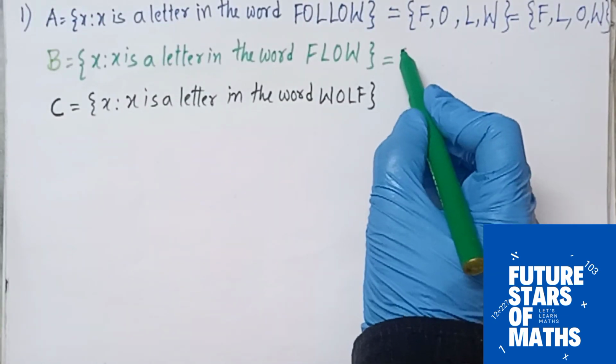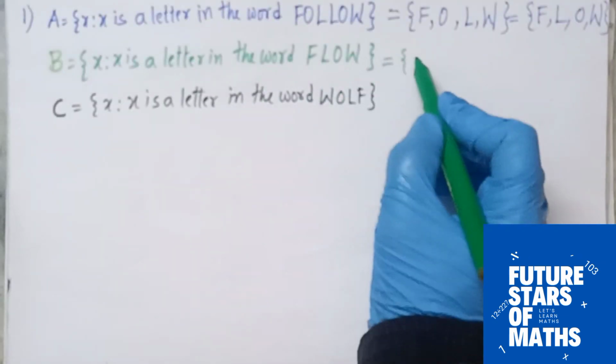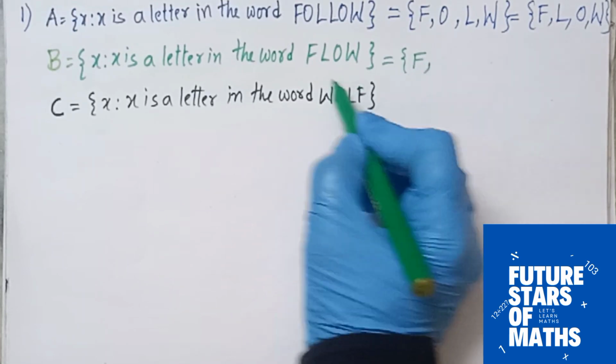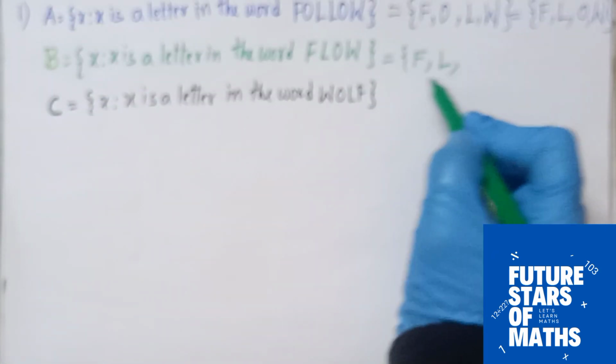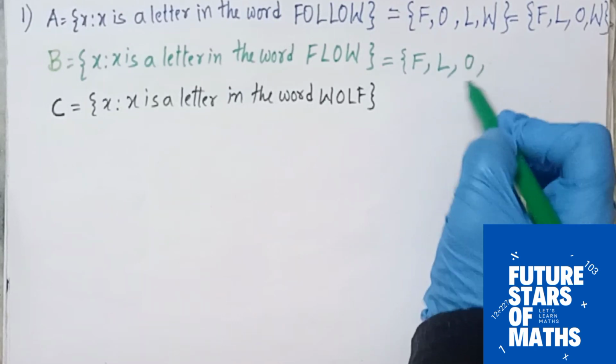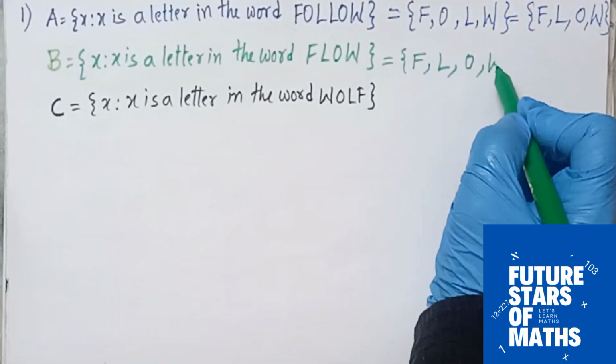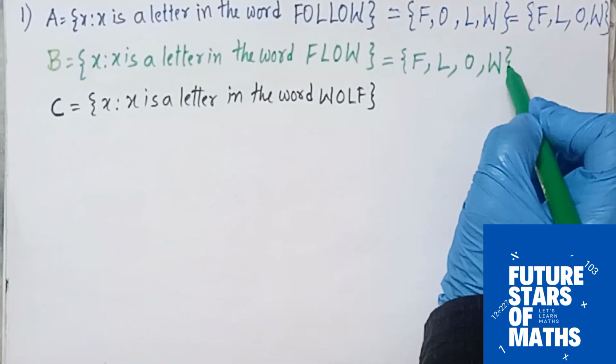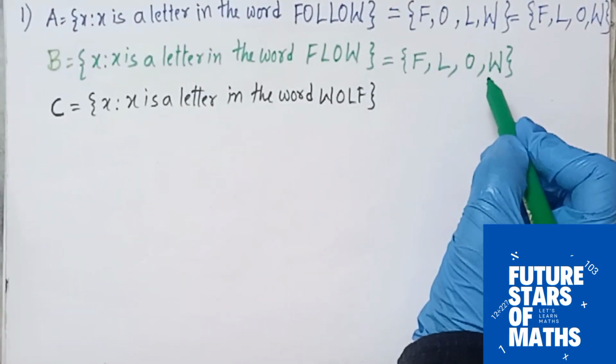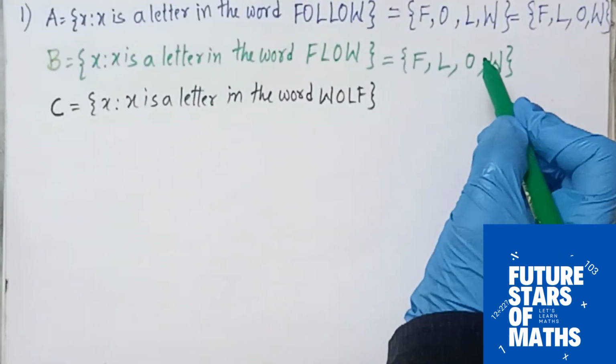Here we have to write it separately. The first letter is F, then L, then O, then W. Now check whether it is in alphabetical order or not. It is in alphabetical order, so we stop here.